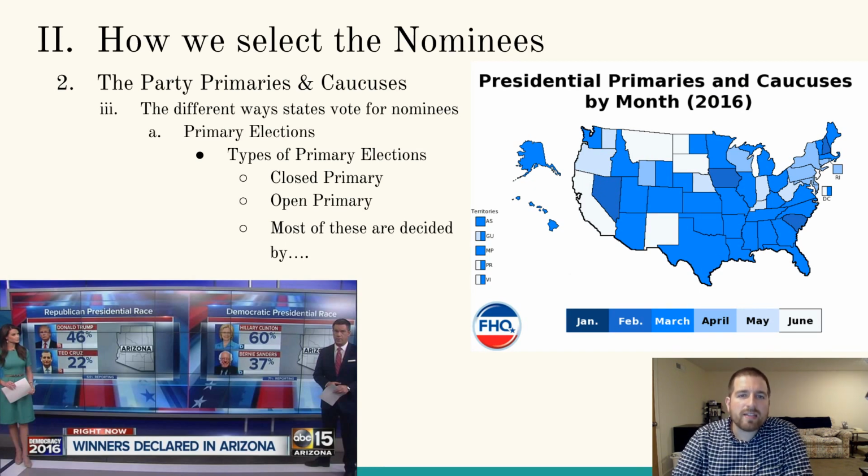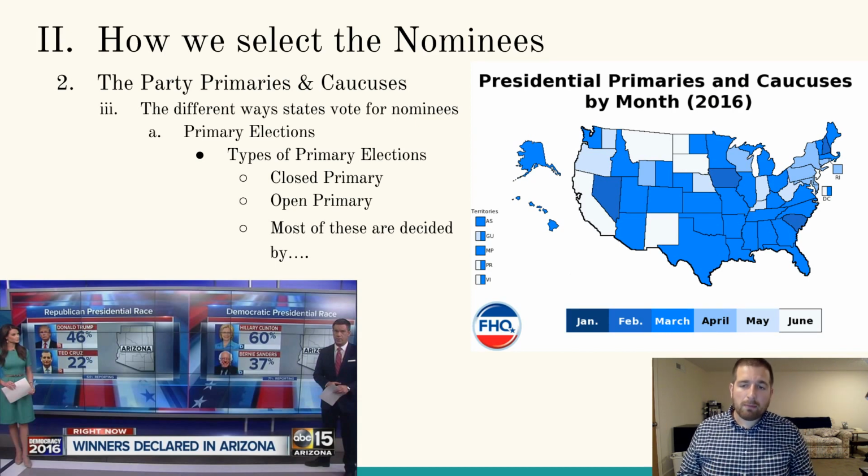That said, there are different ways that you can run your primary. There are a lot of different ways depending on which state you're in. That said, we're only going to focus on two of them: closed primaries and open primaries. So let's first talk about a closed primary. A closed primary is a situation where only registered members of a political party can vote in that party's primary.